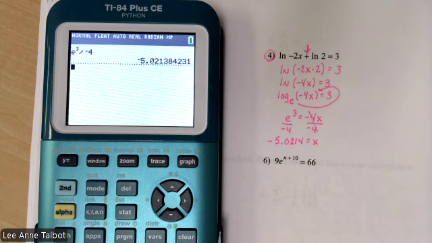Any questions about number 4? I know that's new. What do you do when you see natural log? Make it log base E. That gives you a base to do your Guinan circle.